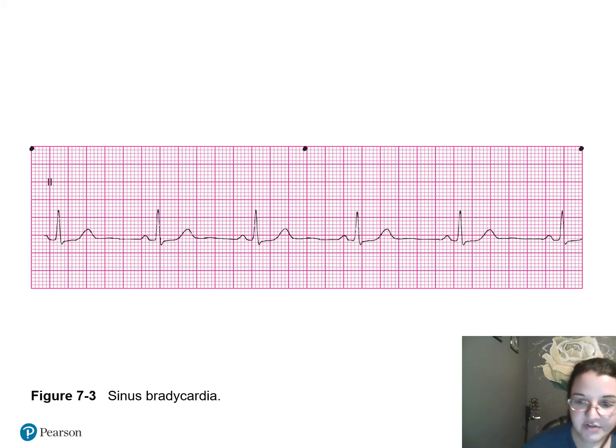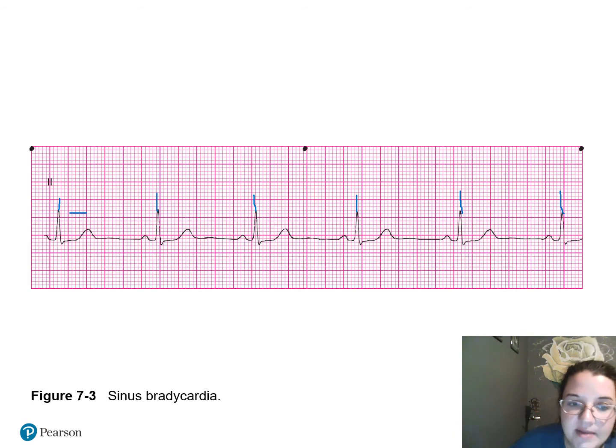Let's review regularity real quick. For regularity, we're going to measure the R to R interval. That's the R part of the QRS, and we're going to measure in between them on all of them to see if it's regular or irregular. And all I'm doing is counting the little boxes. I'm not doing any other calculation other than counting. I know that one of these big boxes equals 5 little boxes.